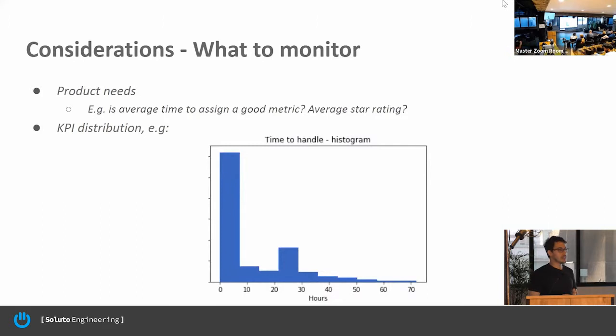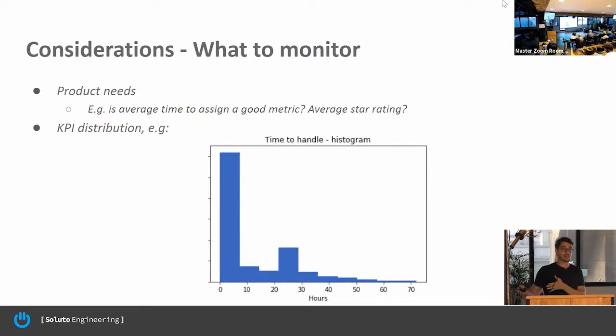So for example, considering the product needs, one of our KPIs is the time to assign: how much time from the first customer question until he's getting his first response. For this, we can, for example, go to the average time. But when we go there, we know that we have a long tail and a lot of outliers. So is it a good metric?